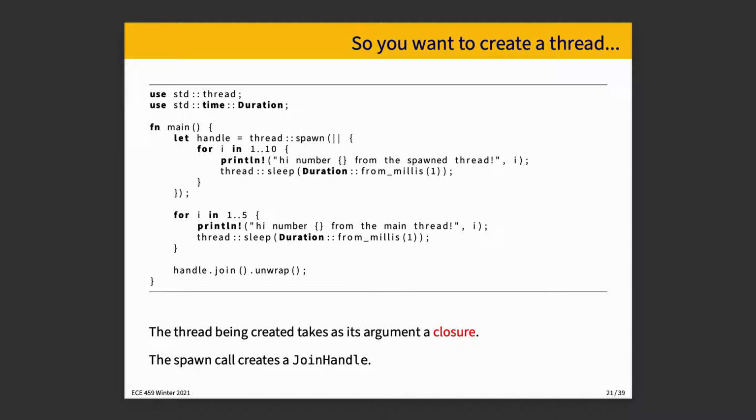The return value is a join handle, and a join handle is used later to join the thread. If you don't remember what joining is about, it is where you wait for the executing thread to be finished, and so later after main has run its for loop, this join call says I want to wait for the thread to finish before I continue in the caller.